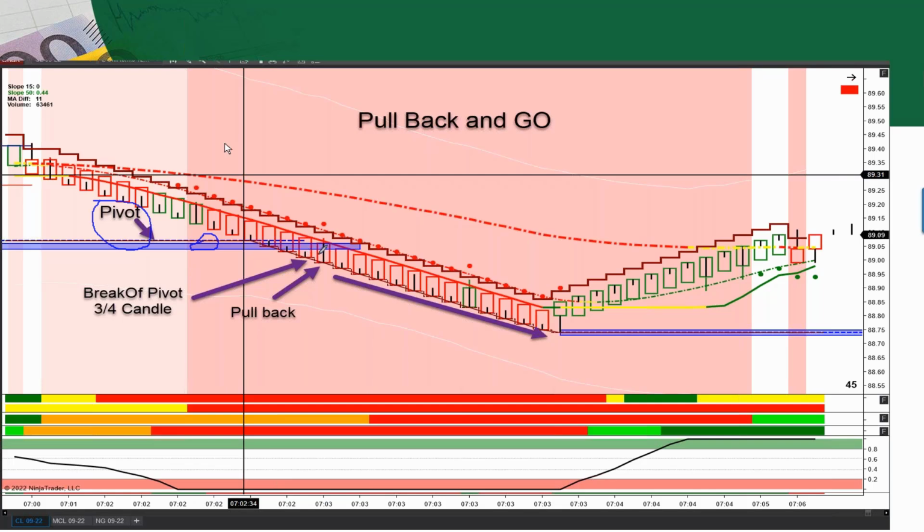As this candle's pulling back about halfway through the candle, we place our order, sell on down close, right? As it's pulling back about halfway through the candle, that's when we place our order.